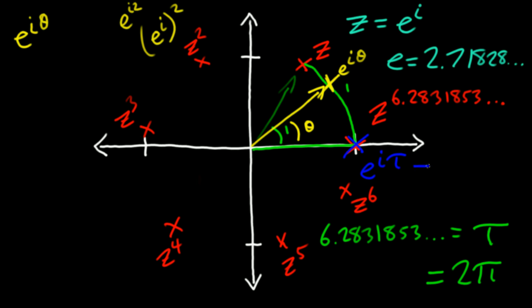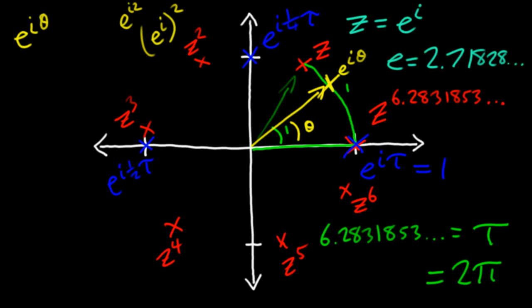That equals 1. A half turn around the circle is e to the i 1/2 tau. Oh, that's interesting. A quarter turn around the circle is e to the i 1/4 tau. Do you see how easy it is to use tau here? A quarter turn is a quarter tau.